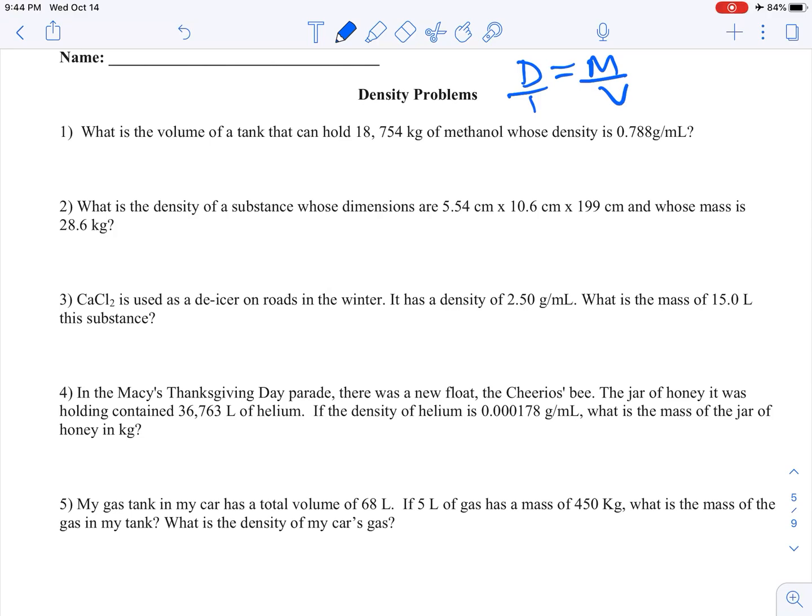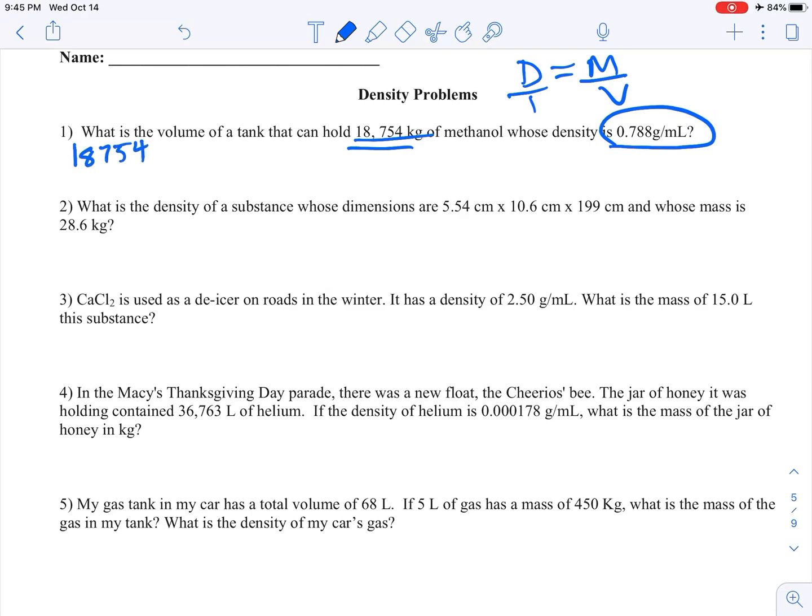For example, I see that in number 1 already. What is the volume of a tank that can hold 18,754 kilograms of methanol whose density is 0.788 grams per milliliter? So I need to first adjust this. Notice how my density is in grams per milliliter, so I need to change my kilograms to grams.